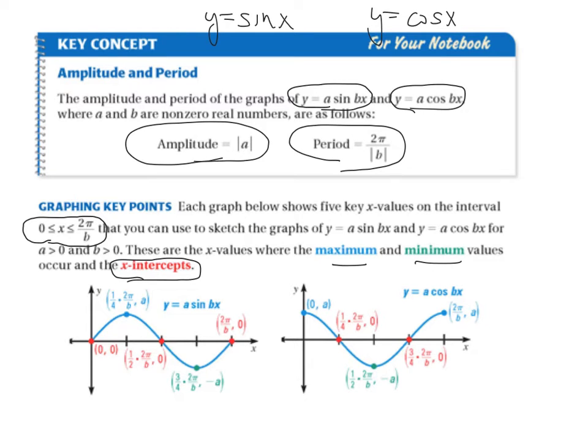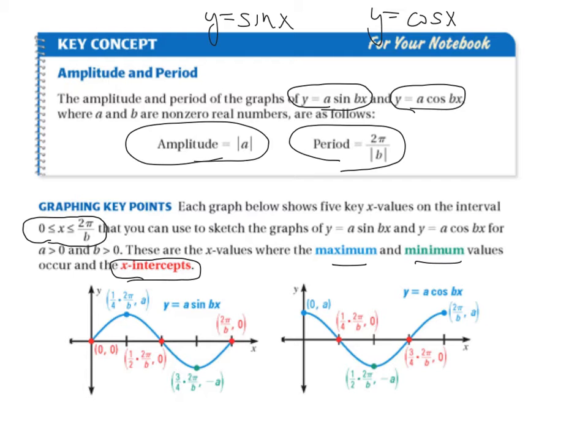If we look through the first example, starting at 0, 0, I've got a maximum and a minimum, and I complete one full period. We know the maximum is 1/4 times 2 pi over b, comma a.